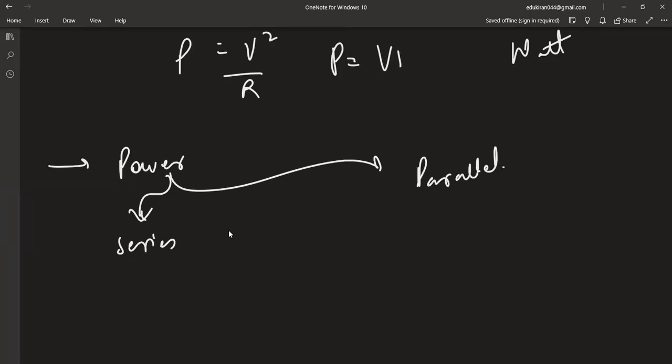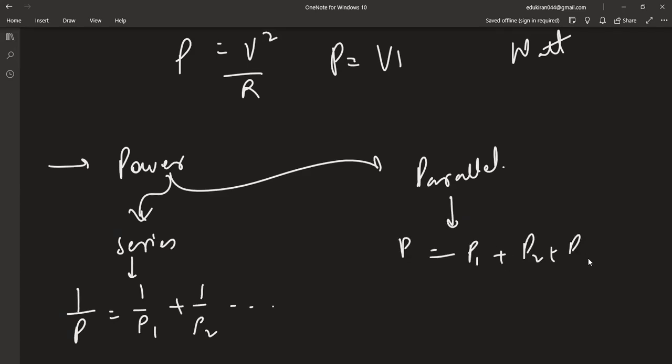For series, it is like capacitors: the equivalent power will be 1 by P1 plus 1 by P2, like this. And for parallel combination, power will be P1 plus P2 plus P3 and so on.